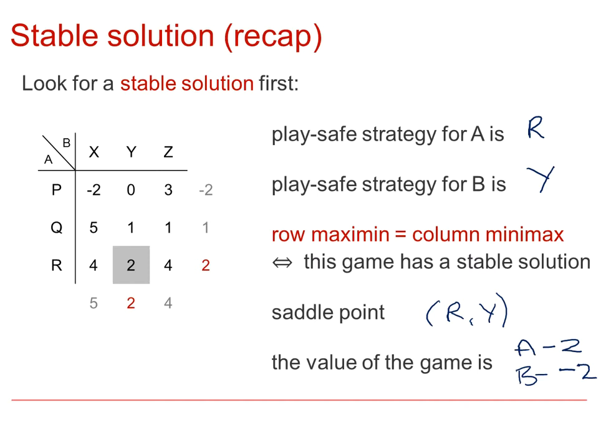When there is a stable solution, we call it a pure strategy. Players will always play their play safe strategy. In other words, if player A and B know that the other player will play safe, then there is no incentive for either of them to change strategy.